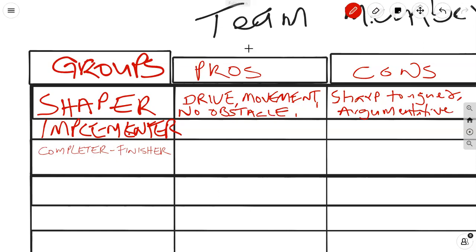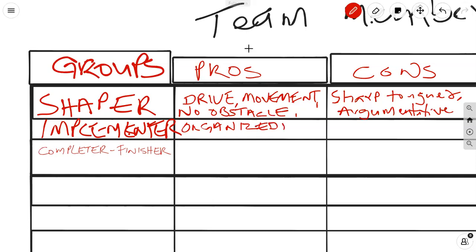Well, they are very organized. Remember, they take ideas and they craft plans and actions from those ideas. So these are the folks who will make very good planners. They are organized.